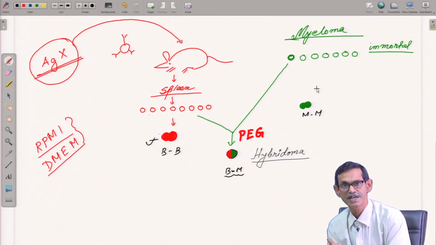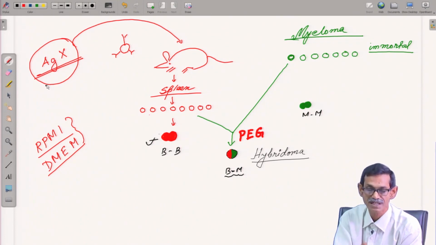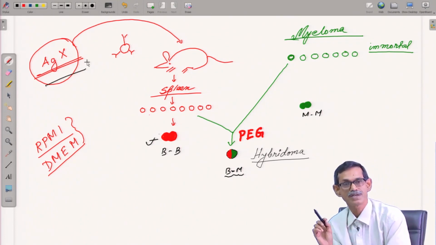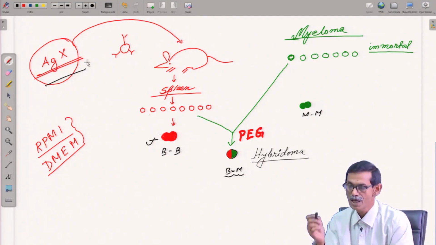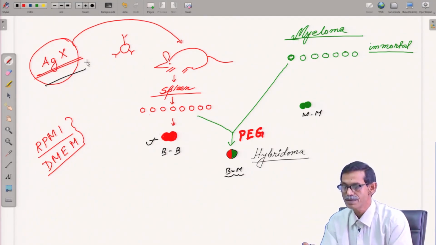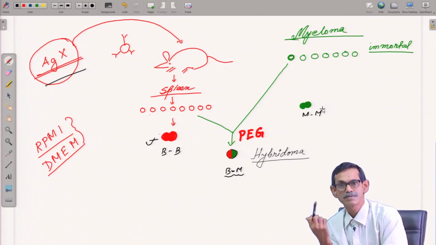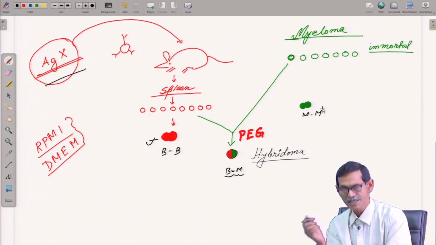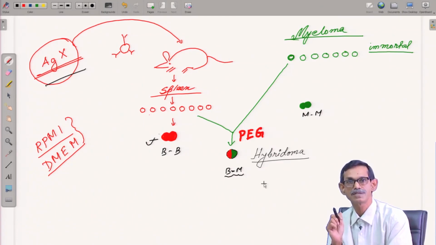So, finding the right one which will produce antibody against antigen X is a very tough job. It is cumbersome, a lot of work, and if you have a mixture with myeloma fusion, it will make the system even tougher than only the B cell myeloma cell fusion.